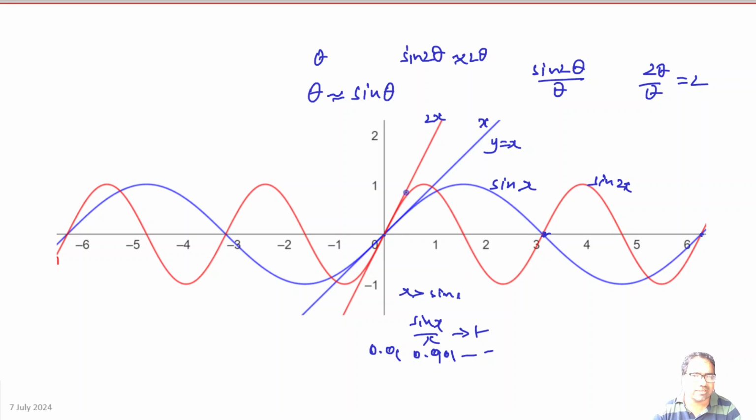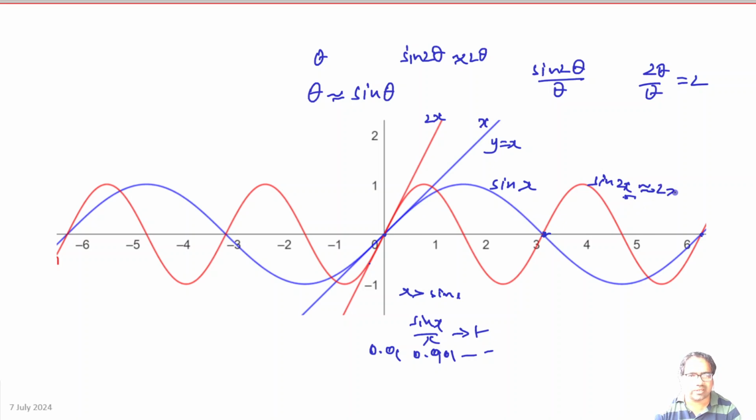Now this 2x, when it comes closer to 0, would be equal to this line 2x, not this line x. Please look at the slope of this graph. This red graph, which is sin 2x, when x is coming closer to 0, is closer to 2x, not closer to x.